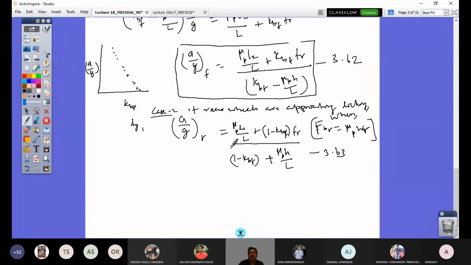If I plot the same in the same graph of A by G as a function of this, the curve goes something like this.